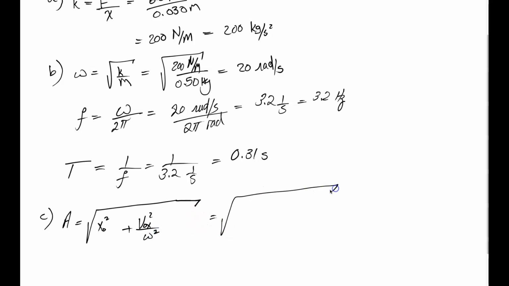So this gives us 0.015 meters quantity squared plus 0.4 meters per second quantity squared divided by 20 radians per second quantity squared, and this gives us an amplitude for part C of 0.025 meters.